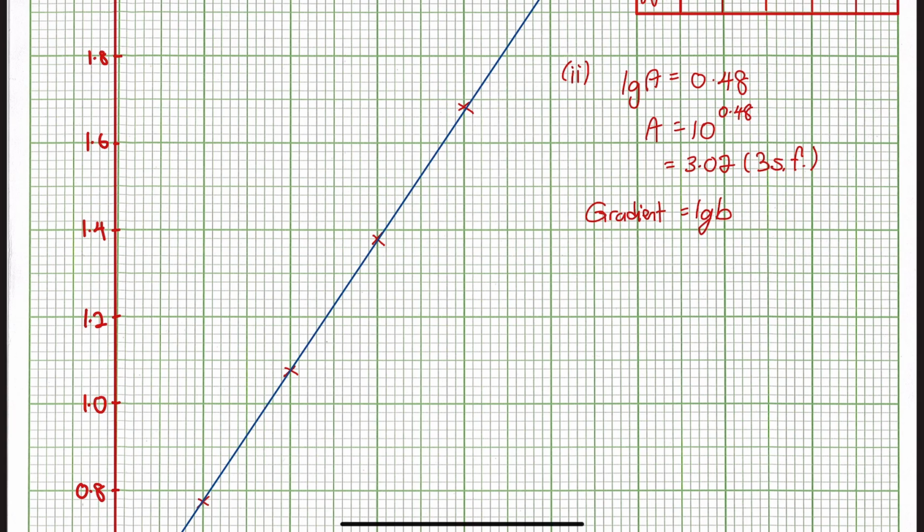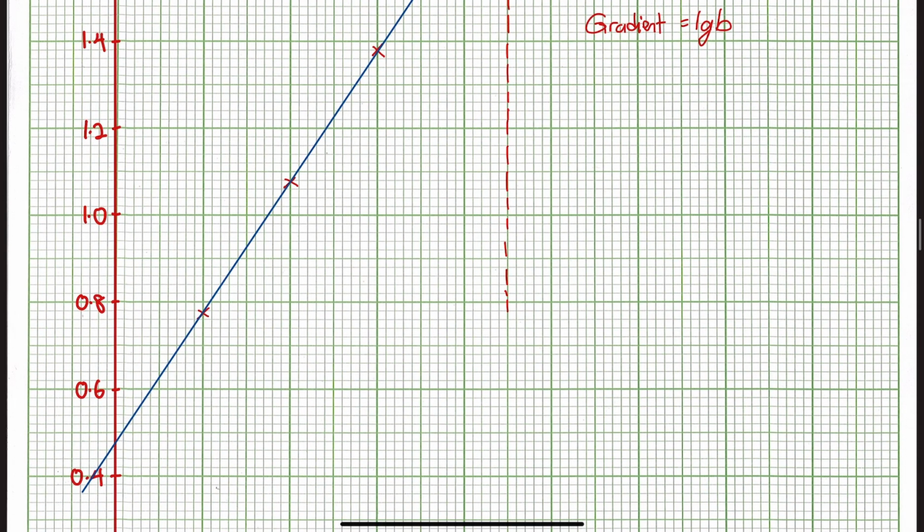Okay, this point looks okay. Remember your gradient triangle should be more than half the length of the line. I can maybe take 0.6 here. Please use a ruler, unlike me, as I don't have a ruler right now. This is my gradient triangle.